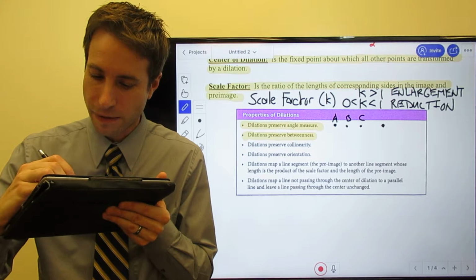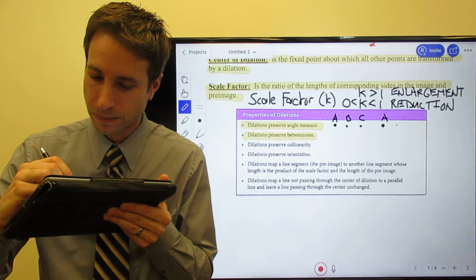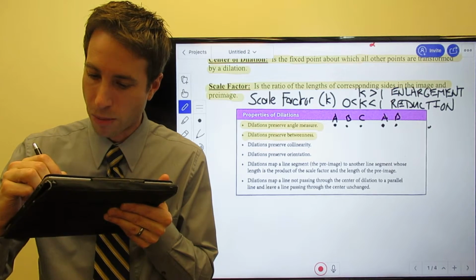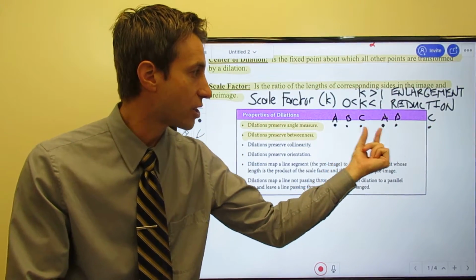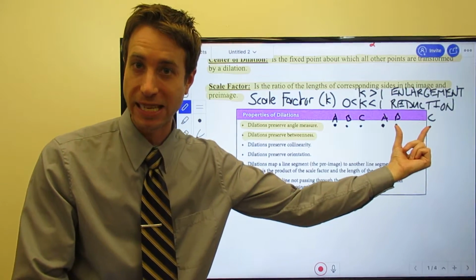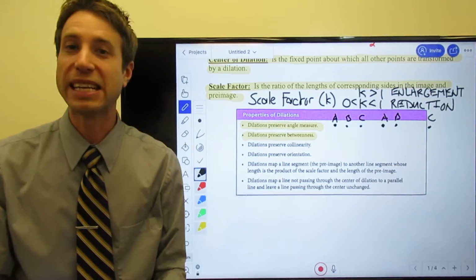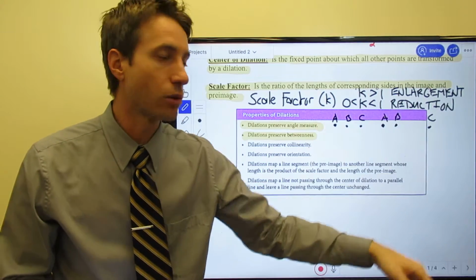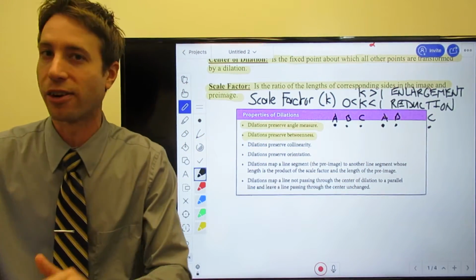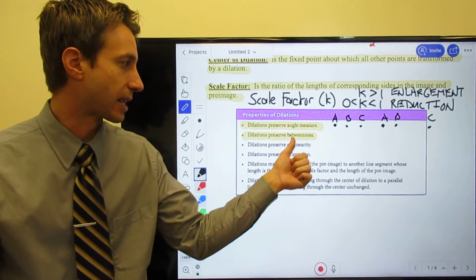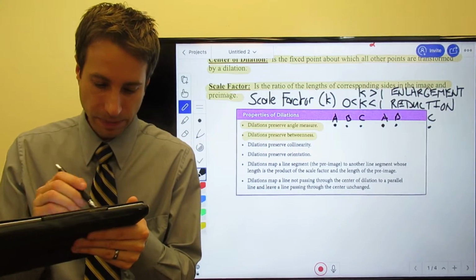It cannot give you all of a sudden point A, point B, and then boom, point C is now all the way over here. See how it's changed the distance between B and C? It didn't change the order of them, it didn't move any of them, they're all still in a straight line. It just simply changed one distance more than another. That is not how a dilation works. It cannot change the betweenness.